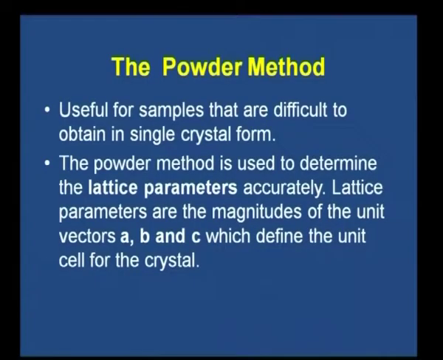The powder method is useful for samples that are difficult to obtain in single crystal form, and it is used to determine the lattice parameters accurately. Lattice parameters are the magnitudes of the unit vectors a, b and c, which define the unit cell. As I told you, if a, b, c are all different, it is orthorhombic. If a equals b, not equal to c, it is called the tetragonal unit cell.